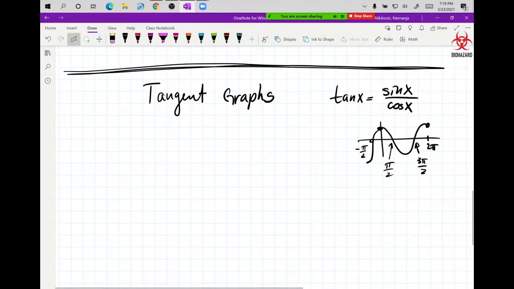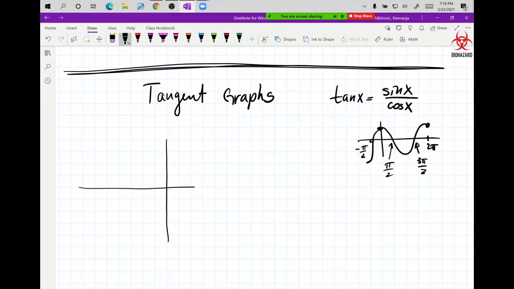So if I want to draw a basic tangent, and we'll take the principal period here, which is from negative pi over 2 to positive pi over 2, we have to put vertical asymptotes there because cosine of these pi over 2's has zeros, as you can see, right? Because cosine has zeros, tangent will have a vertical asymptote there.